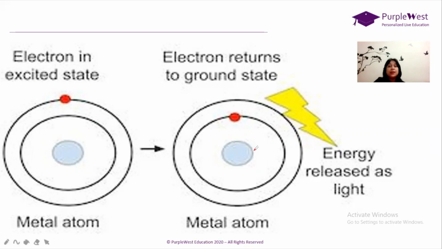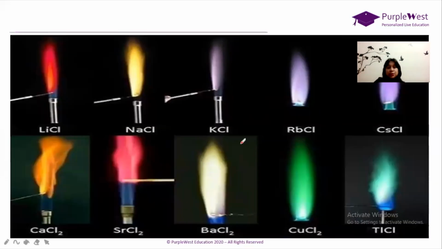For example, if I talk about strontium, it gives a blood red color. Why is it like that? Because when you are heating it in the blue flame, the outermost electron will absorb the heat and go to the next higher energy level.